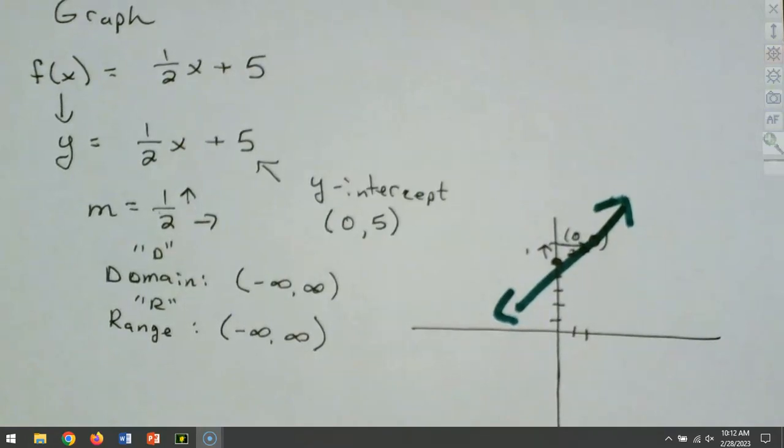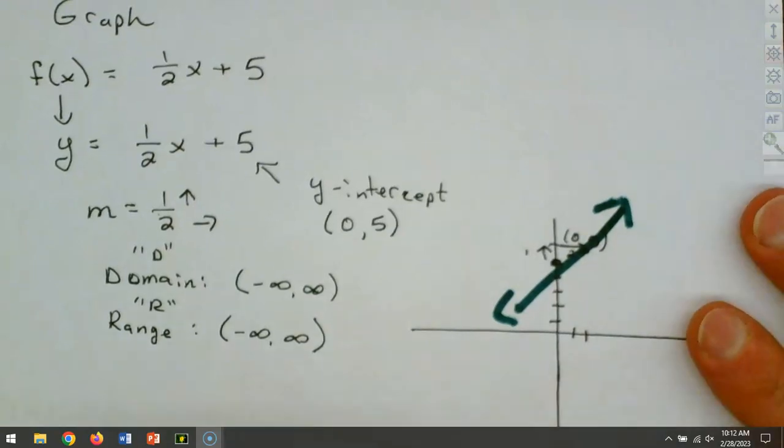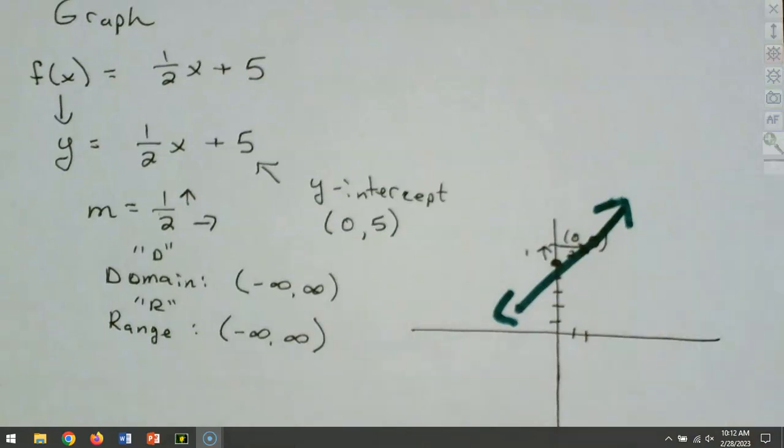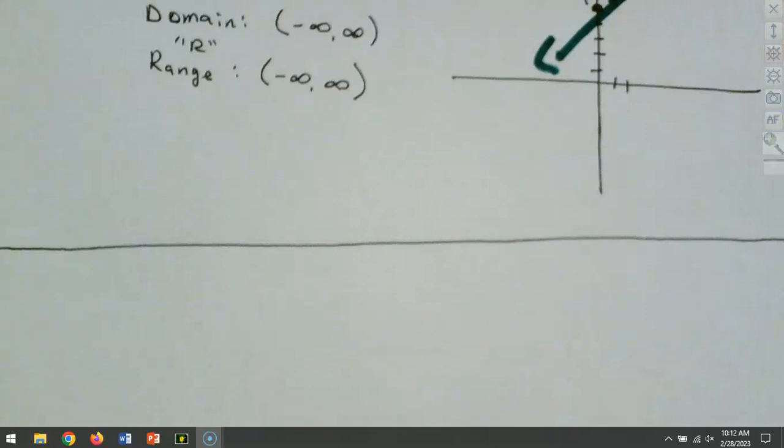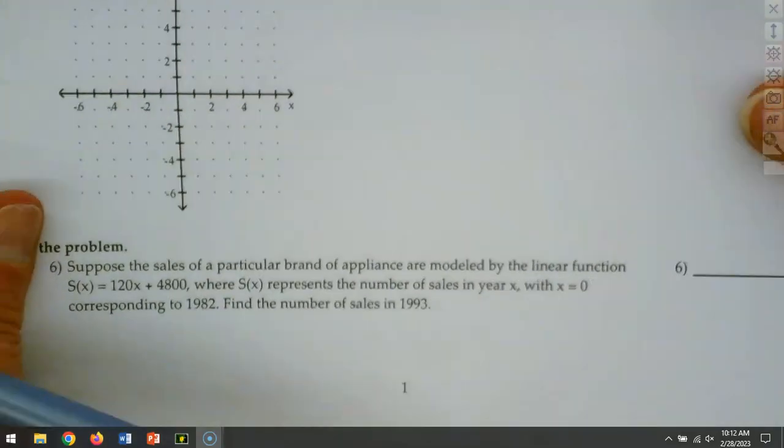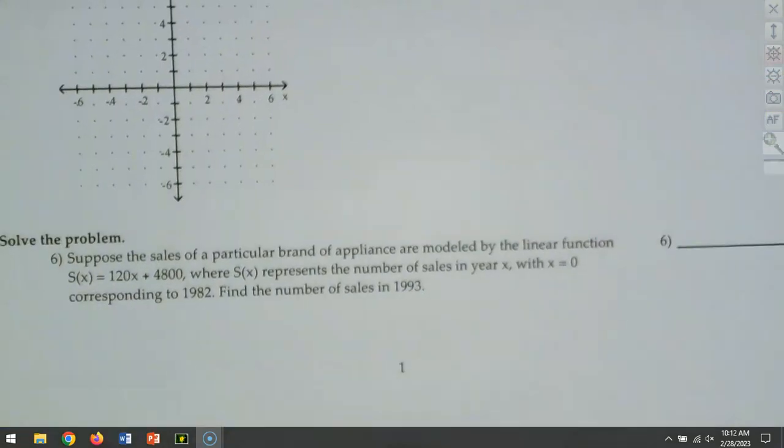And I'm now going to help set up and get you started with question 6. There's only one application in your homework to look at. So we're going to look now at question 6. What we're looking at is modeling the number of appliances sold.